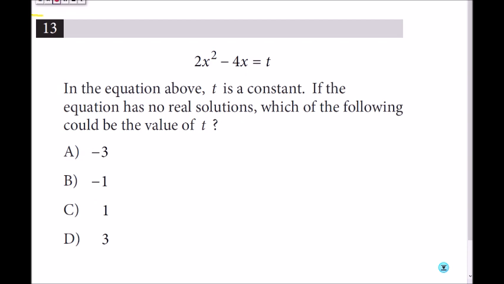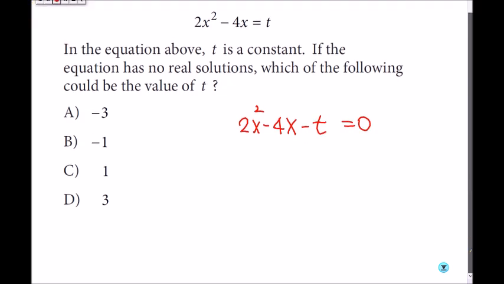13. In the equation above, t is a constant. If the equation has no real solution, which of the following could be the value of t? All right. So here, you have 2x squared minus 4x minus t equals 0. We don't want any zeros, meaning no roots, no hitting the x-axis, right?